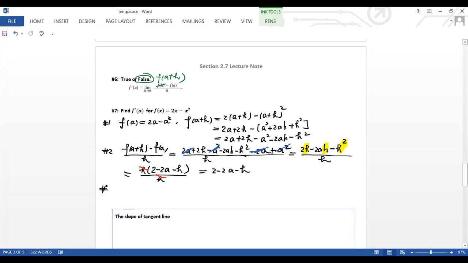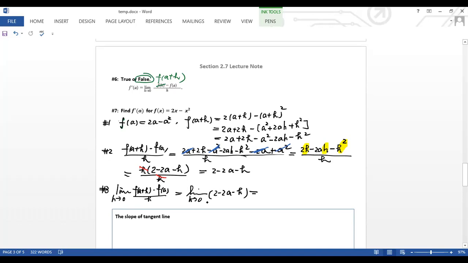So now the number 3, see here, is the limit as h approaches 0 of f of a plus h minus f of a over h. Okay, so now you have the limit as h approaches 0. I already simplified this from step number 2, right? 2 minus 2a minus h. 2 and 2a have nothing to do with the h.